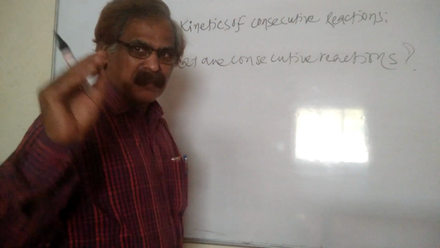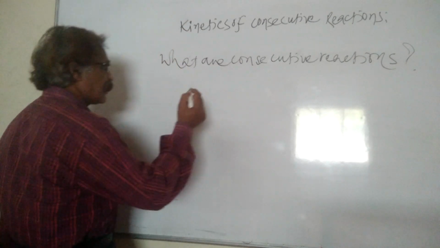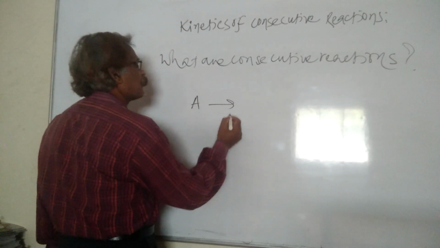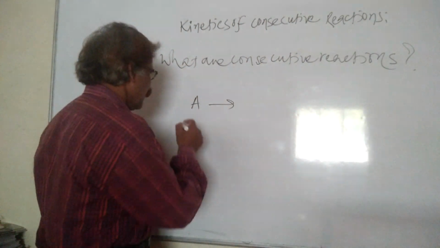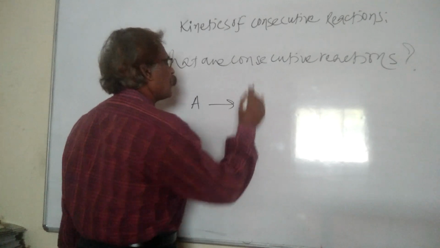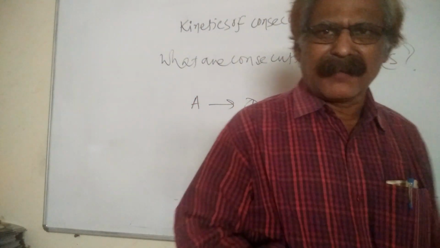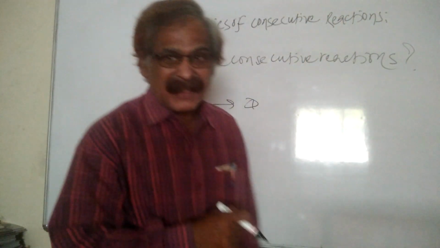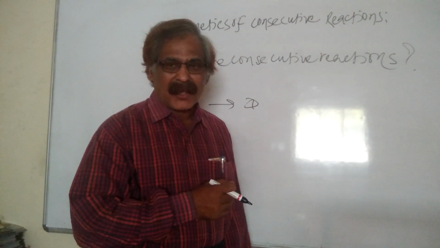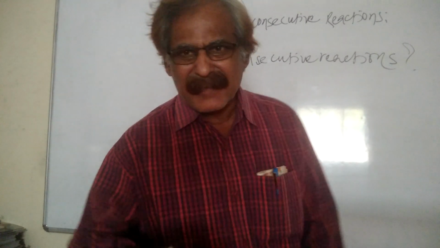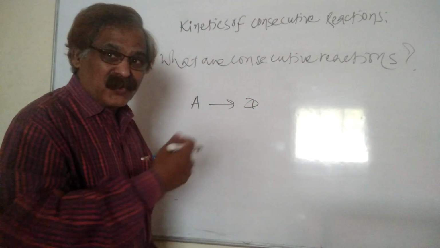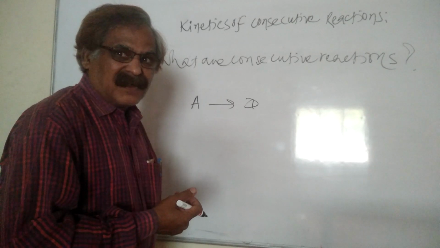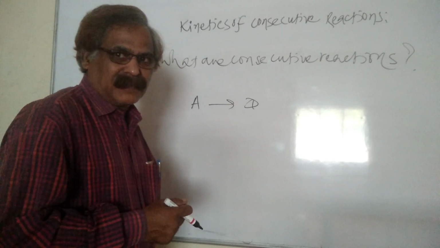So let us have one simple hypothetical example of a consecutive reaction. Let us suppose a chemical reaction is a consecutive reaction, and the overall reaction is A giving D. A is the reactant and the final product is D. How does this chemical conversion of A into D occur? The conversion of A into D occurs indirectly.